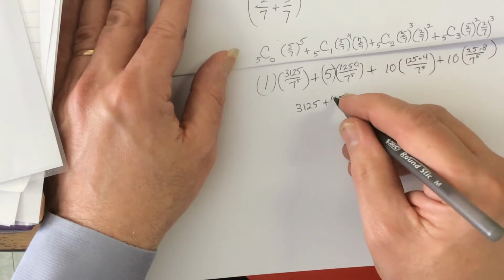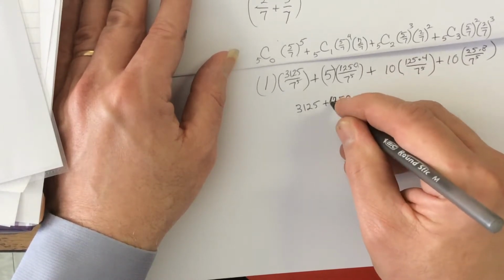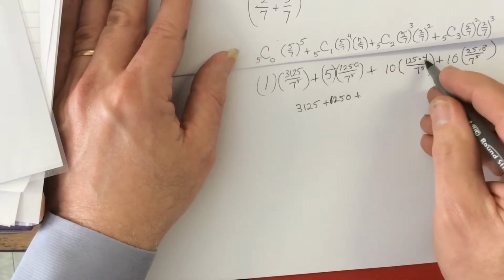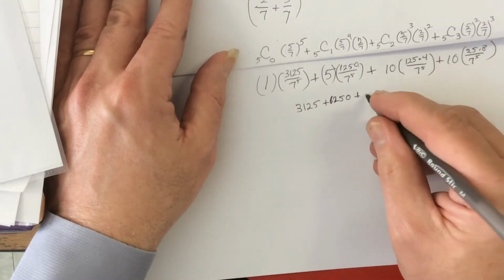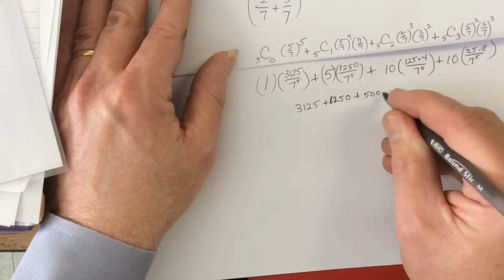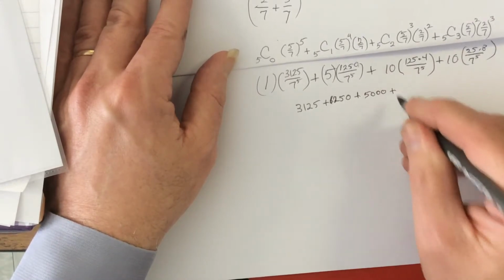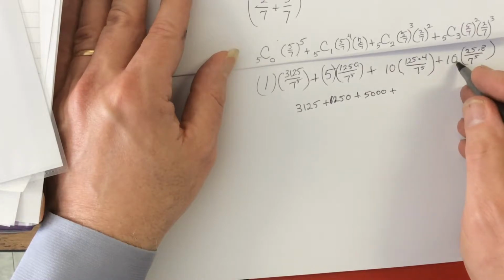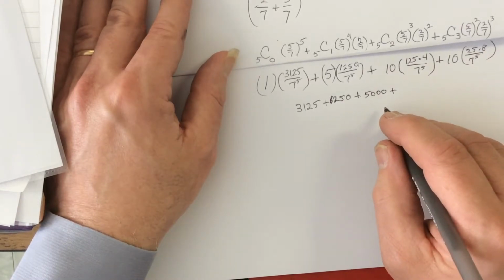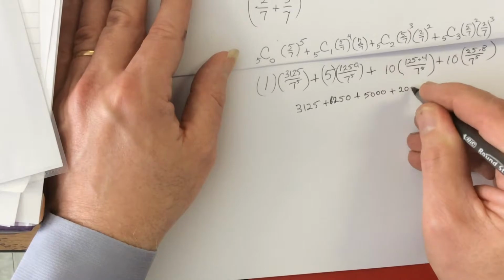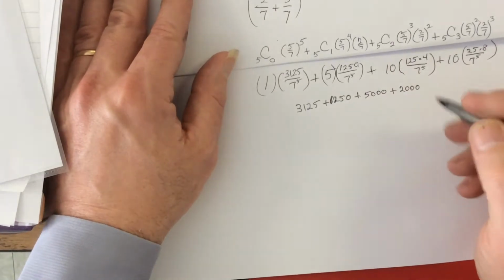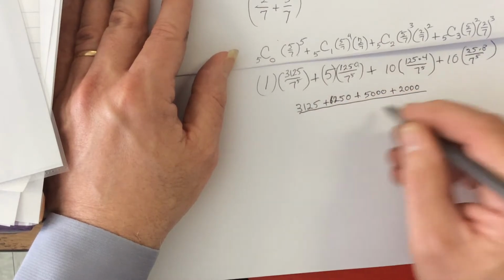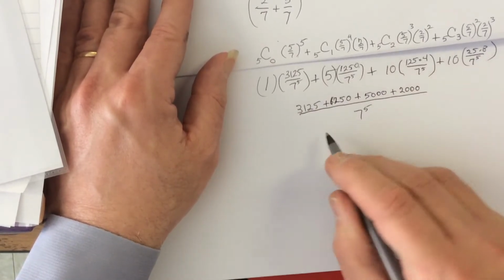Carry the 2, 2, 6, 2, 5, 0. Plus, this is 500, so this will be 5,000. Plus, 25 times 8 is 200 times 10 is 2,000. So, all of that is over 7 to the 5th.